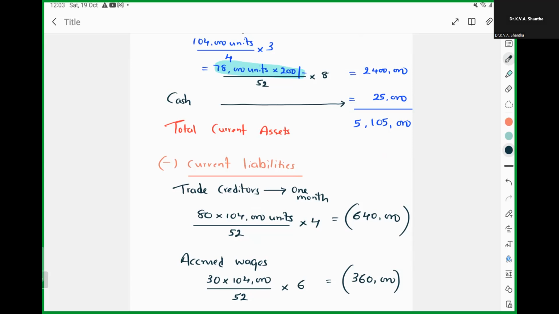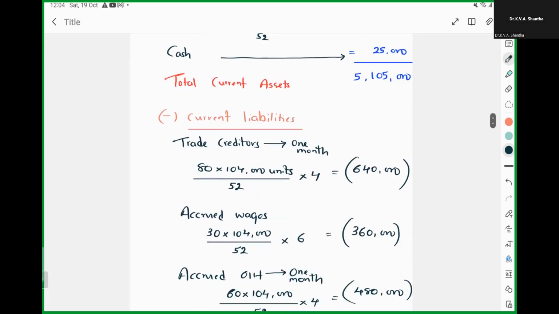Now there's a calculation mistake in your study material answer, so you need to correct it like this.